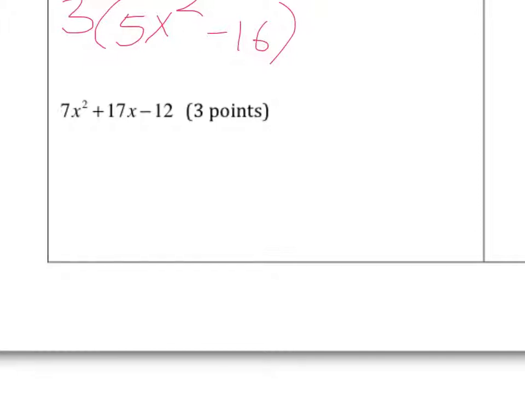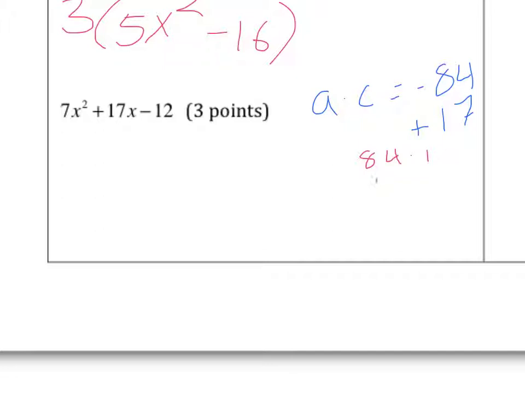Okay, for my next trick, I'm going to look for two numbers that multiply to negative 84 and that add up to 17. Numbers that multiply to negative 84: well, I've got 84 times 1.